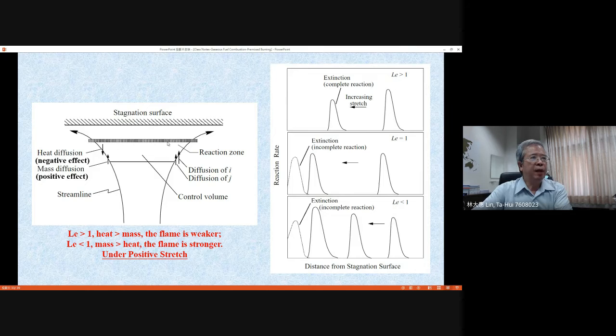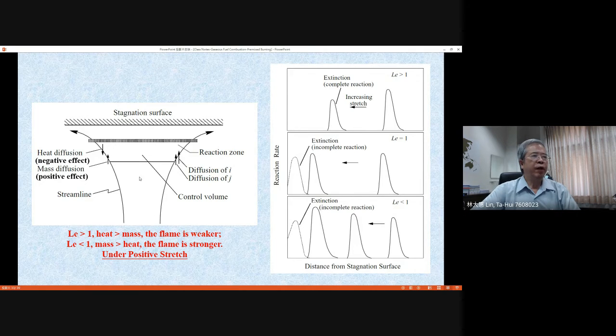This is a frame, and you can assume there is a boundary of your preheating zone. Look at here, this region is the preheating zone. Inside the preheating zone, there is a concentration gradient and also a temperature gradient. We need to discuss the strength of diffusion for heat and mass, and look at whether they are balanced or unbalanced.